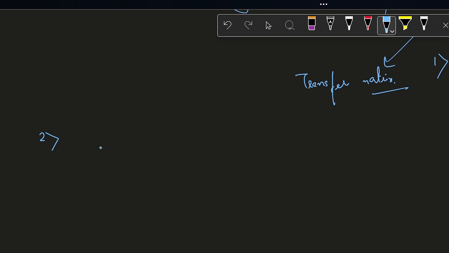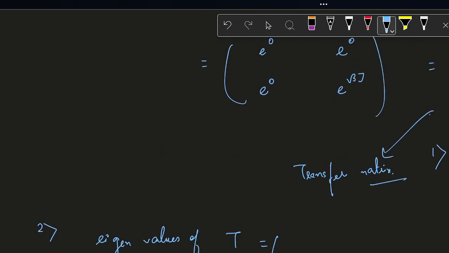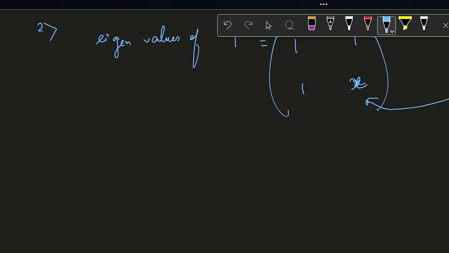First of all, you have to get the eigenvalues of the transfer matrix T. This is equal to 1, 1, 1, e to the power beta J, but because in the problem it is stated that x equals e to the power beta J, we replace it in here so that we have a simpler notation. Instead of an exponential, we just have an x here, and we need the eigenvalues for this matrix.